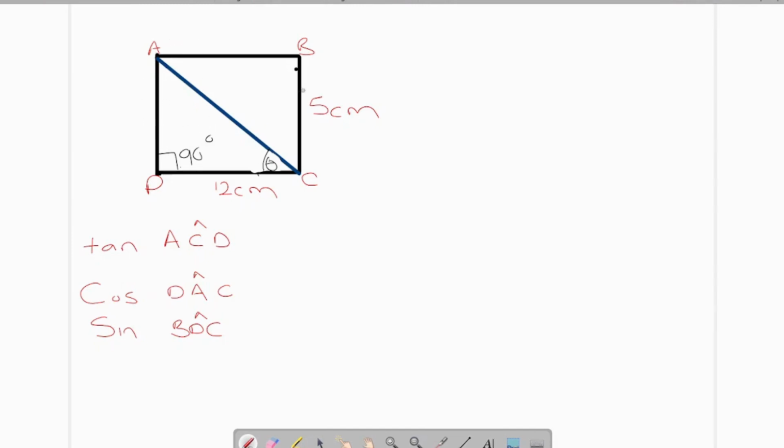So the tan ACD, like I said from the previous page, there's an abbreviation which is used, which is CAH SOH TOA. And here we have to find tan, which is opposite over adjacent. So tan ACD is equal to opposite over adjacent.